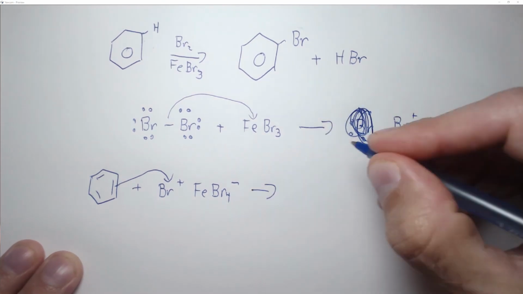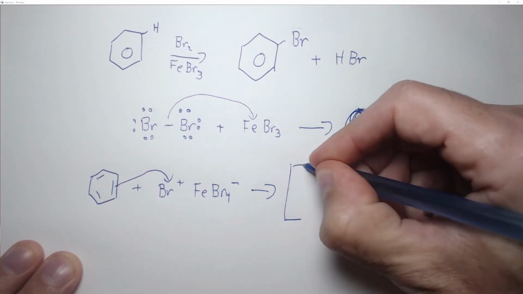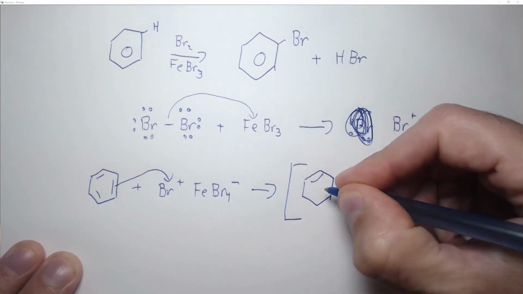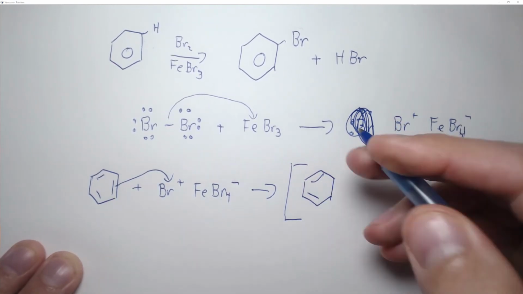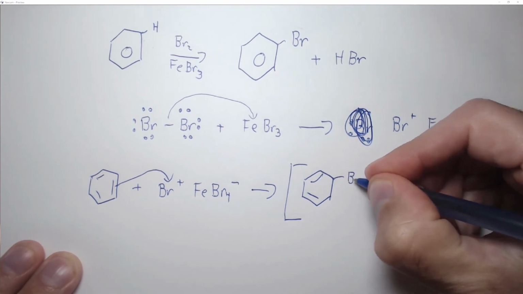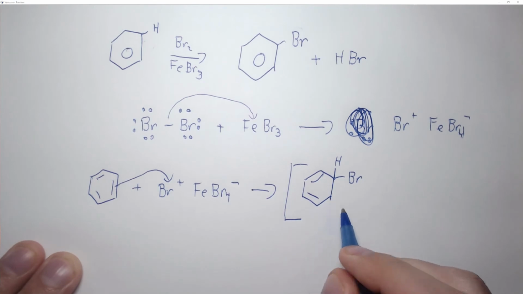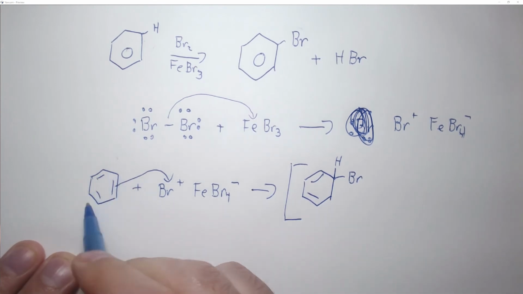What do we get? Well, when that happens, this double bond breaks. We get a Br here and an H here. Remember, there's still an H here, because there's one H at each of these carbons.